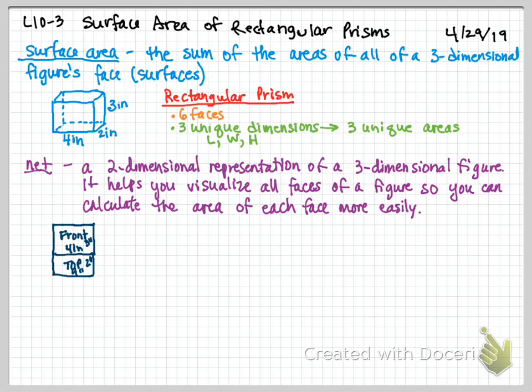Okay. And then we have to get to the back. It's going to be exactly the same as the front, so we have 4 inches and 3 inches. And then the opposite of the top is the bottom. So it's going to match exactly the top, 4 inches and 2 inches.